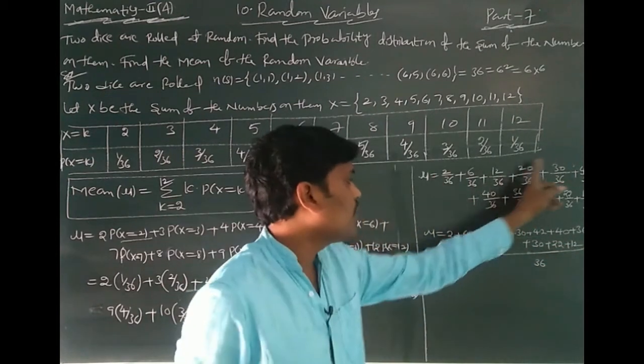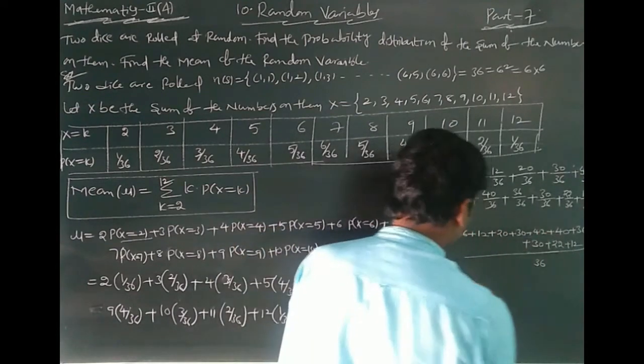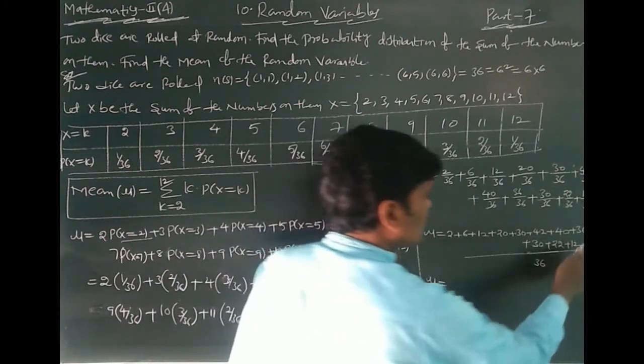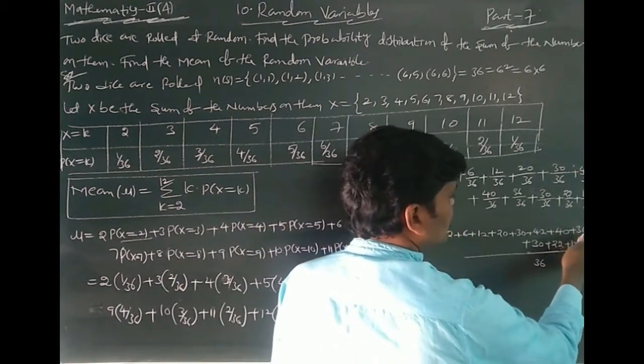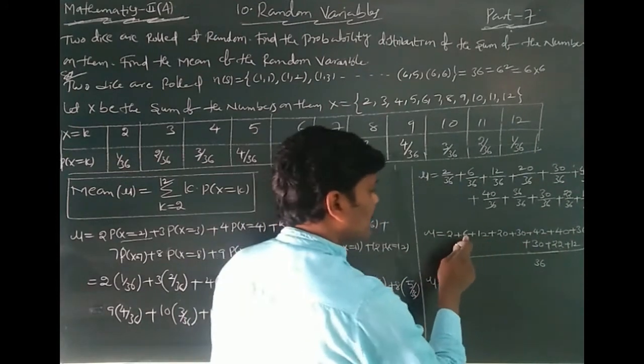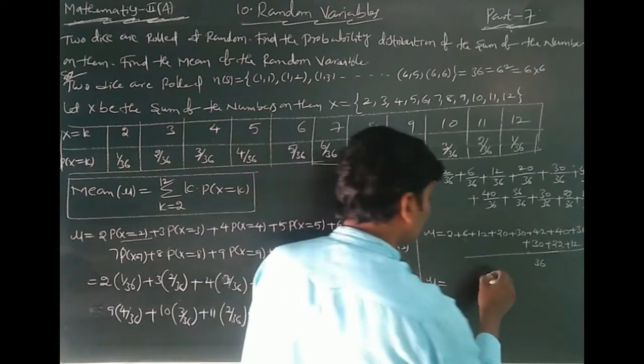Add all the numerators over the common denominator, that is 36. After that, add all values: 2 plus 2 is 4, 4 plus 6 is 10, 10 plus 2 is 12, 12 plus 2 is 14, 14 plus 6 how much? 14 plus 6 is 20, 20 plus 2 is 22.